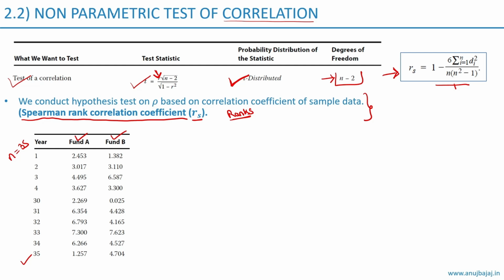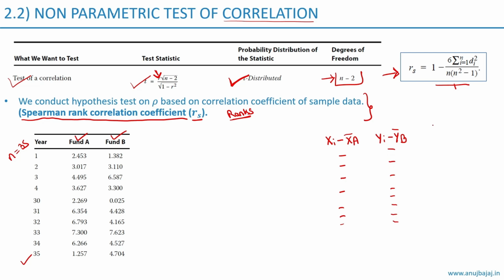First let us see how we calculate the parametric correlation, or simply the sample correlation. First we calculate the deviation of each observation from their sample mean. We do it for both the funds, Fund A as well as Fund B. So we have 35 such deviations for each fund.